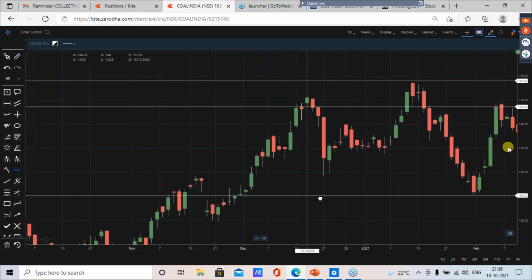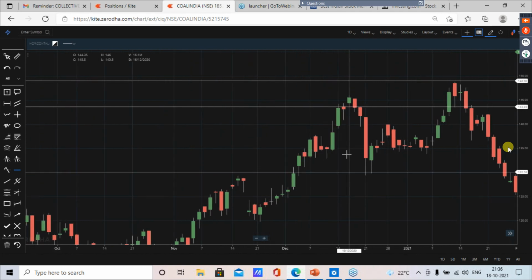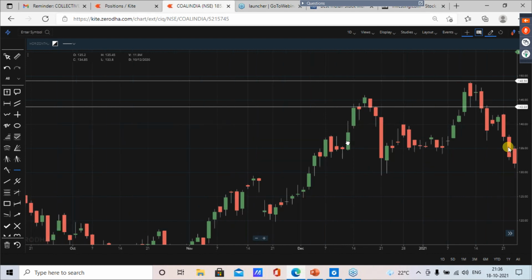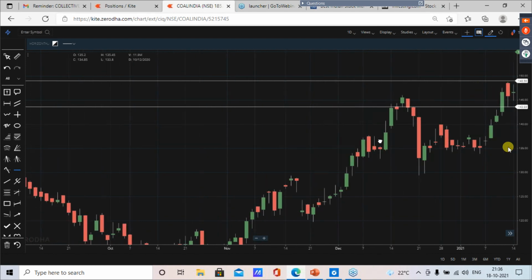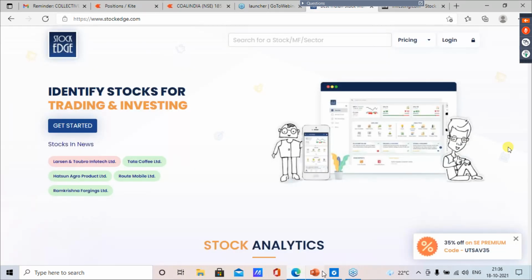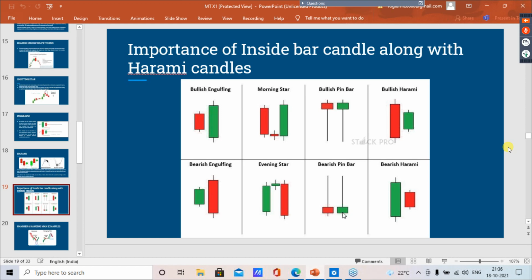I'll give you a better screener to find stocks for intraday. So please take down this StockEdge. Are we okay with the candlestick pattern module? We are done with this because we have done a lot of revisions and we have discussed everything in detail. So I don't think there can be any doubts regarding that.